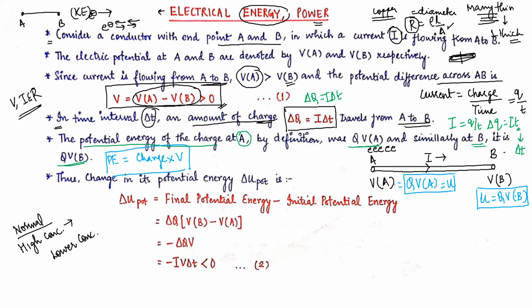Thus the change in potential energy del U is given by the final potential energy minus the initial potential energy.